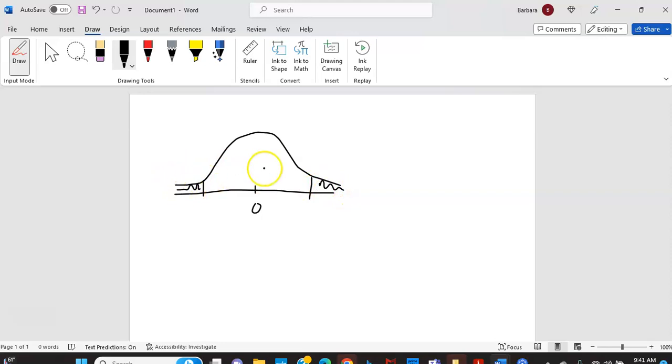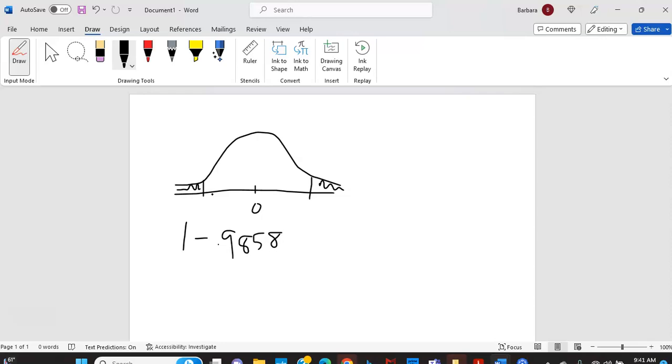But notice there's two symmetric regions in a two-tailed distribution. So we've got to subtract 1 minus 0.9858, and then once we do that, we're going to double it for the two regions to get the p-value. That will give us the probability in both regions.